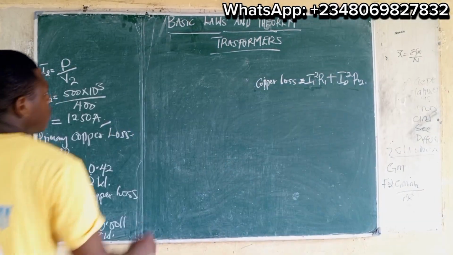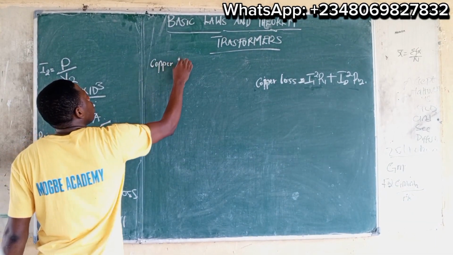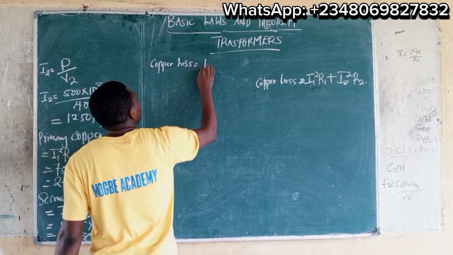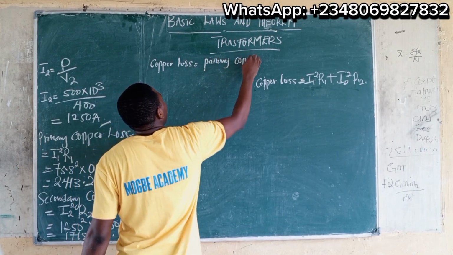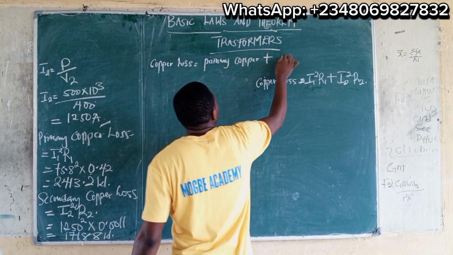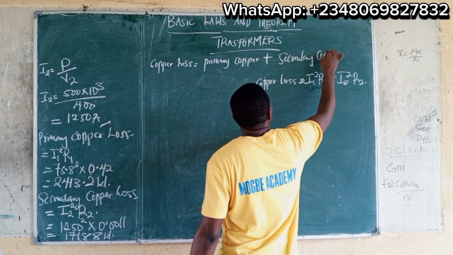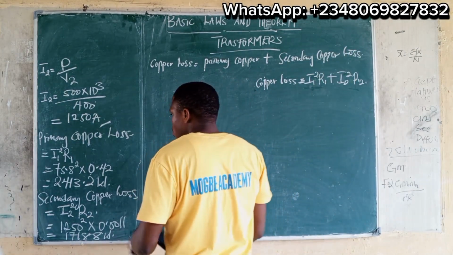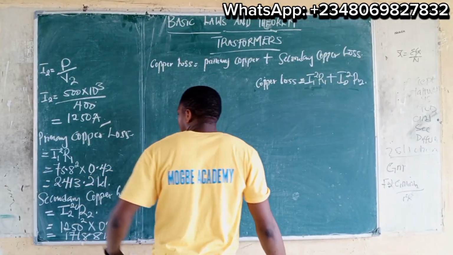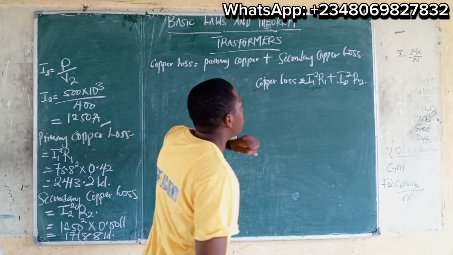Your copper loss is your primary copper loss plus your secondary copper loss. Now you already know your primary, and you already know your secondary.